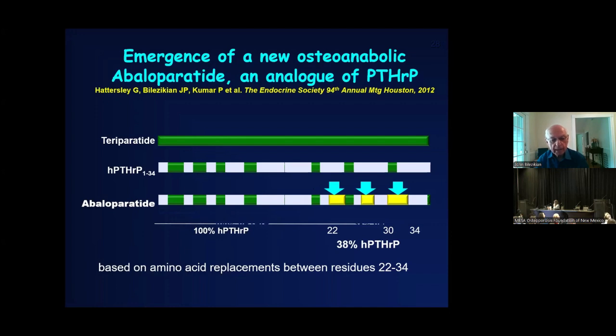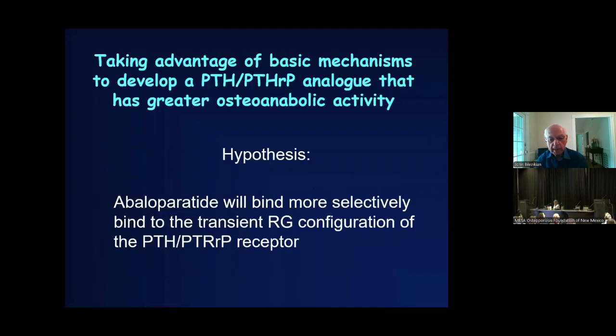different effects on bone. The different effects were sort of empirically settled on, and abaloparatide fell out of this high volume throughput study, thinking about an analog that would bind more selectively to one of two configurations of the PTH-PTHrP receptor.